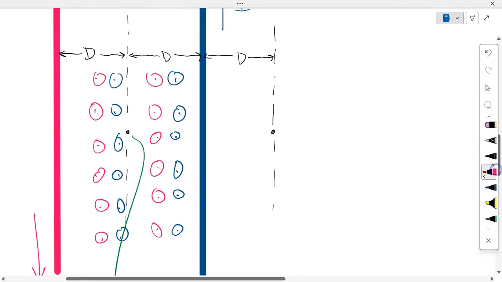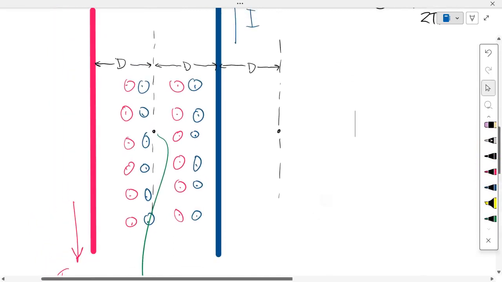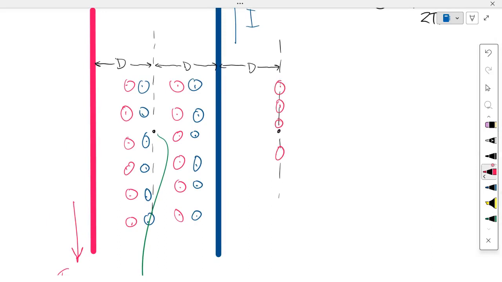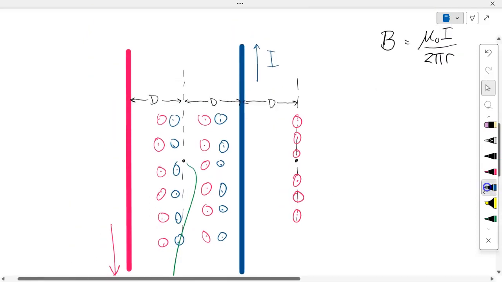What about up hither, up yonder, this location? Well, let's see. Everywhere to the right of this pink wire, my fingers will point out of the page. The field gets weaker the farther we get away from this pink wire, but it does always point out of the page. But now if I put my right thumb pointing towards the top of the page, my fingers would bang into the screen here.